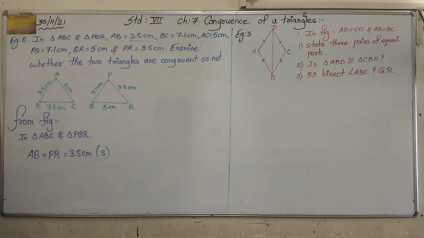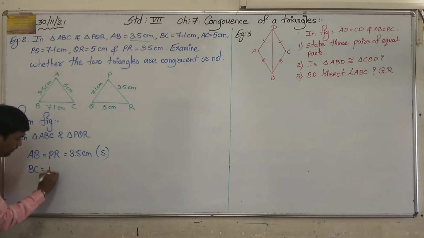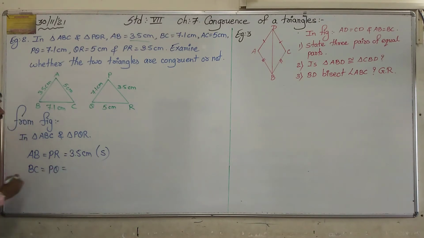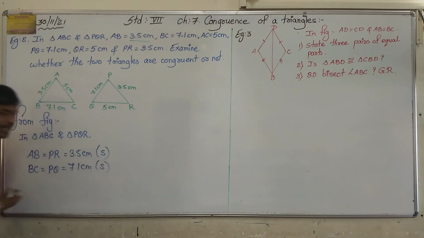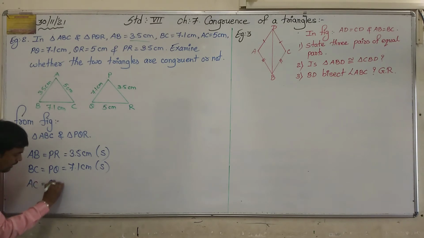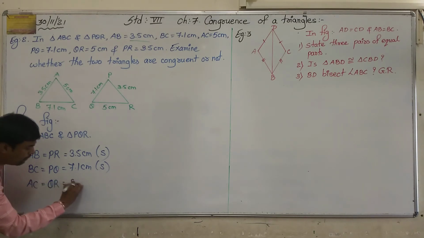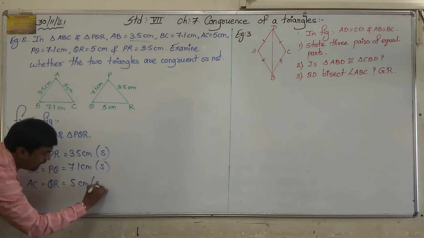Similarly, BC is same as PQ, which is equal to 7.1 centimeter. Again it is side. Similarly, AC is same as QR, which is equal to 5 centimeter. Again it is side.